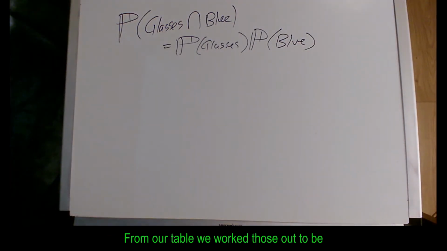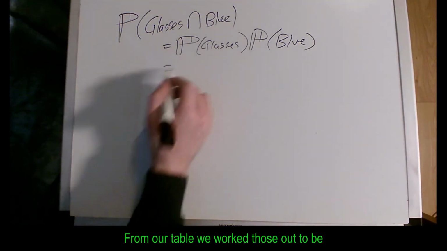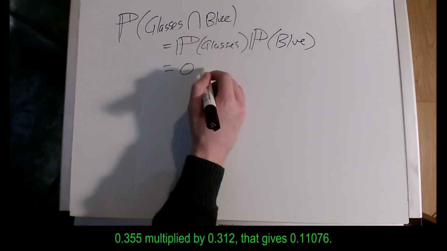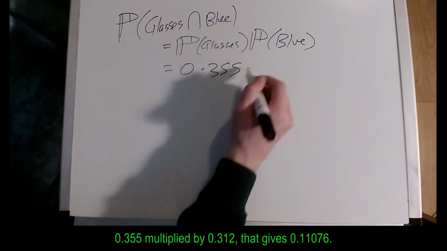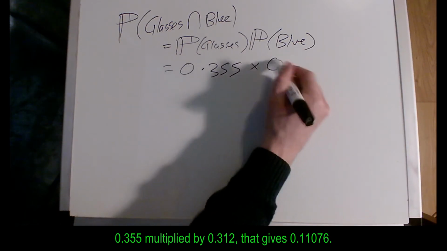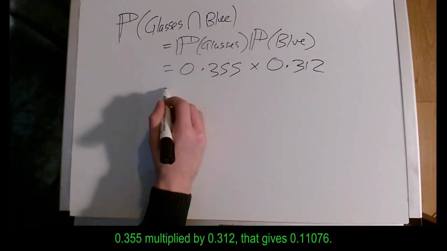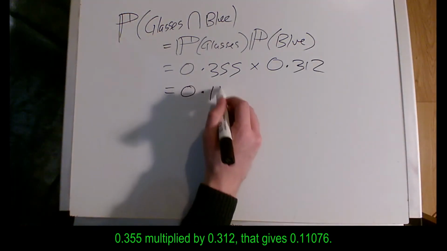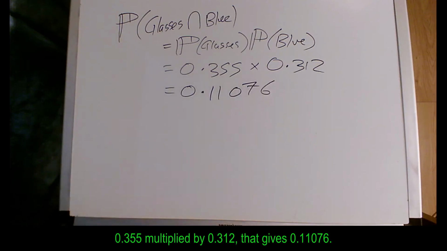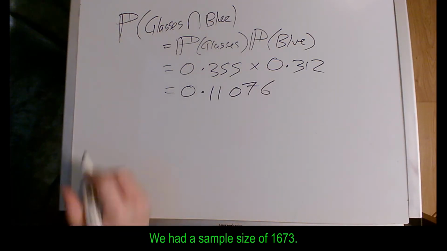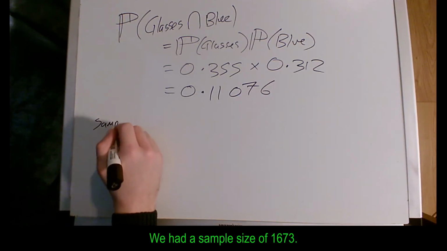Now, from our table, we worked those out to be 0.355 multiplied by 0.312. That gives 0.11076.